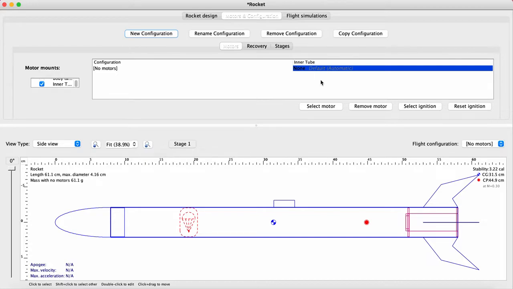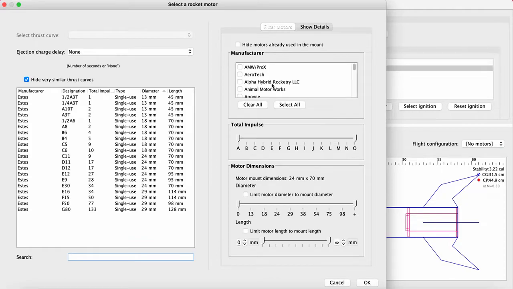Okay. And so for this new configuration, we want to select a motor. And specifically, we want to make sure only Estes is selected, right? We're using Estes motors. And in particular, we're using the Estes D engine D12. It shows you the diameter that I said it was and the length, 7 centimeters, right? So we're selecting that, okay?